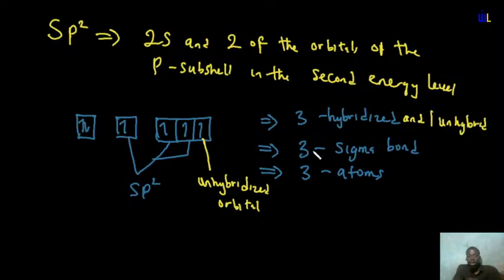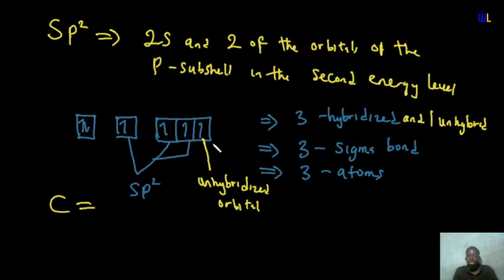The first thing we understood about hybridized orbitals is that a hybridized orbital will form a sigma bond. The second thing is that the number of hybridized orbitals will tell us the number of atoms that carbon atom will be attached to. That is why in sp2, the number of atoms it will be attached to is 3, which means if you count the number of atoms attached to a carbon atom and you notice it is 3, the simple implication is that it is sp2 hybridization.